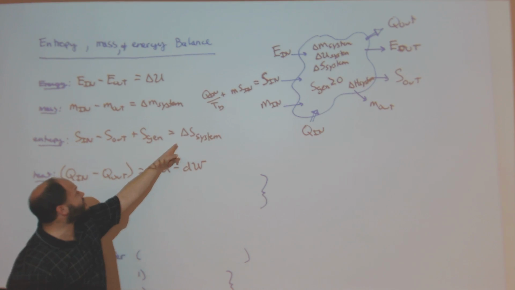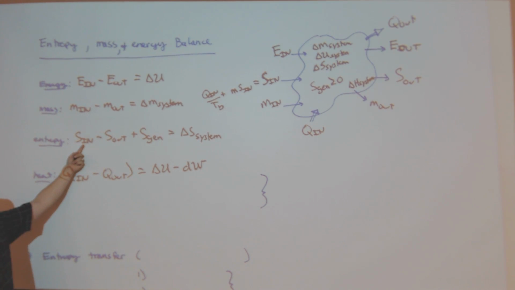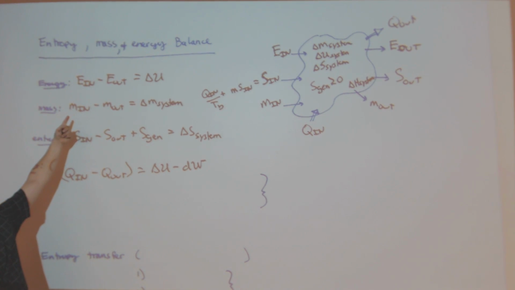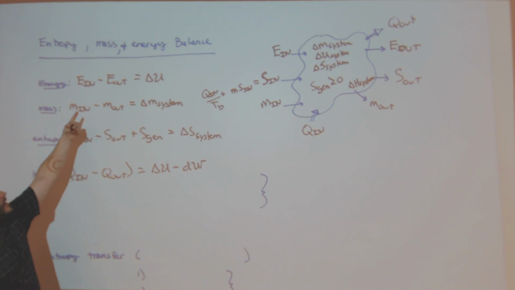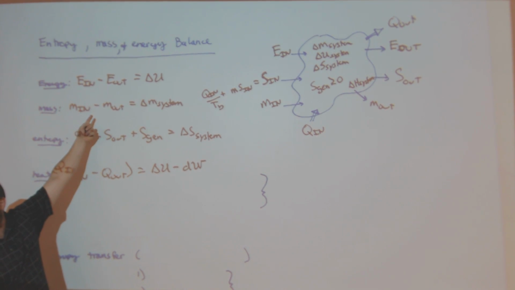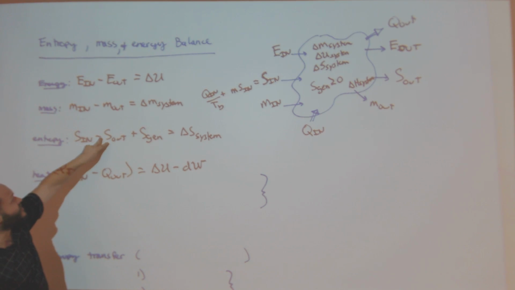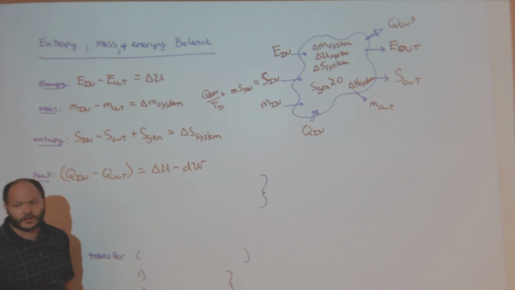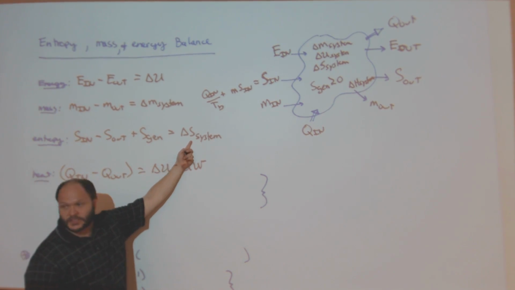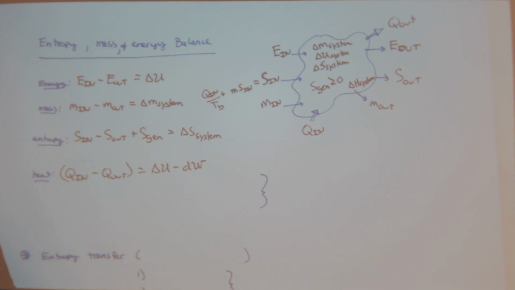To go from state 2 to state 1, I had to add entropy. Really, I had to add energy in the form of heat, mass, and work. And I had to remove energy in the form of heat, mass, and work, which are then coupled to these. So to go to a different state, I have to bring in energy or bring out energy.